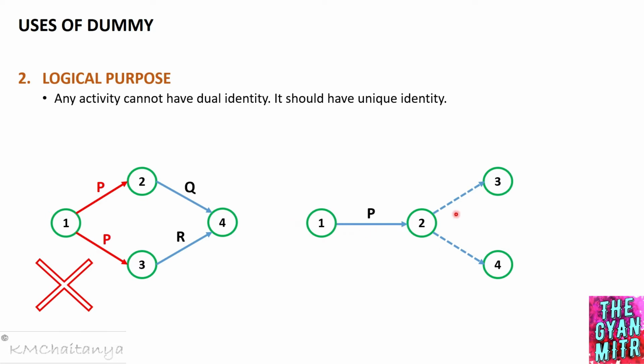It is not that it is sharing the resource. One needs to keep in mind that if I have two dummies through one single activity, it doesn't mean that 50% of the resource is going towards event number 3 and 50% of the resource is going towards event number 4. It is not so.